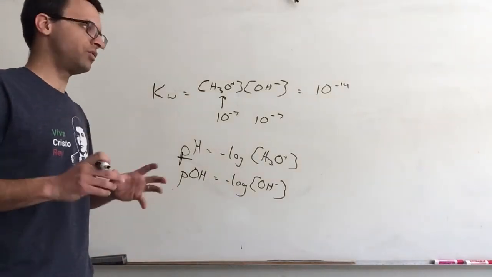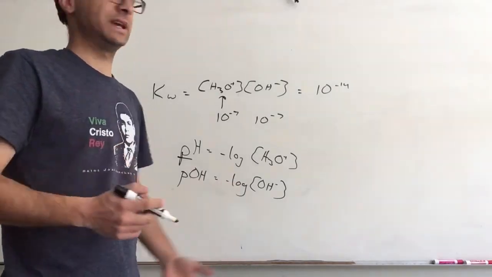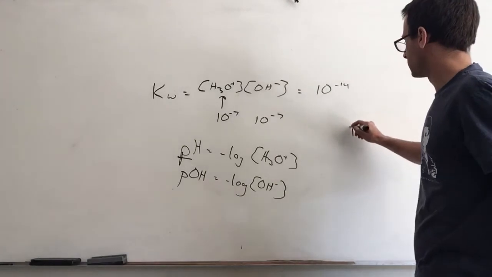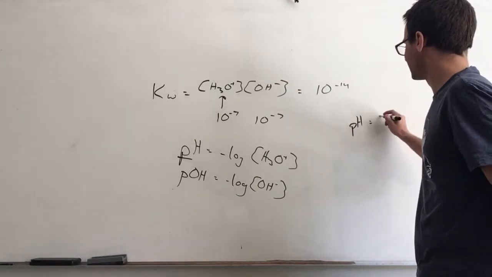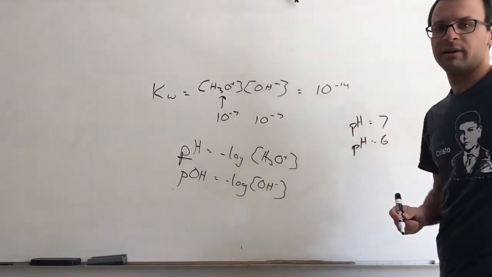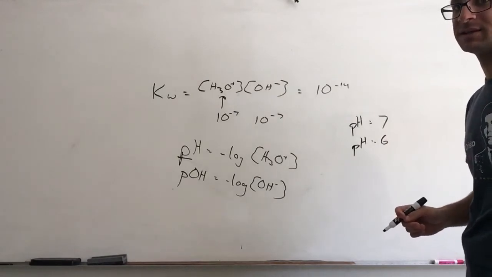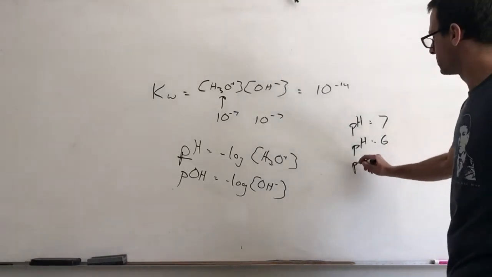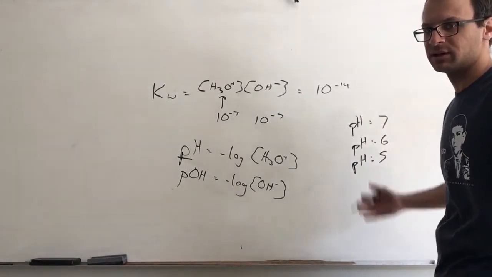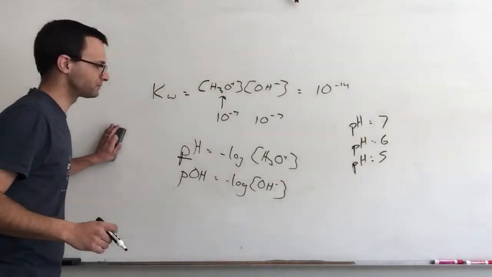So it gives you whole number integers, which each represent a factor of 10. I'll show you this in a table in a minute, but if you take something with a pH of 7 and compare it to something with a pH of 6, the substance with a pH of 6 is 10 times as acidic as the pH of 7. Something with a pH of 5 is 100 times as acidic as the pH of 7, and so on and so forth. Same thing as the Richter scale.